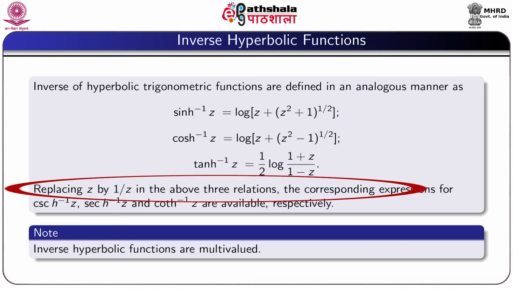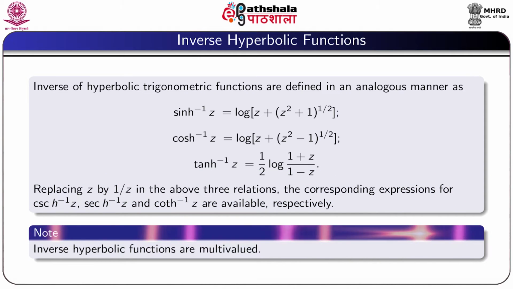Replacing z by 1 by z in the above three relations, the corresponding expressions for cosec hyperbolic inverse z, sec hyperbolic inverse z and cot hyperbolic inverse z are available respectively.